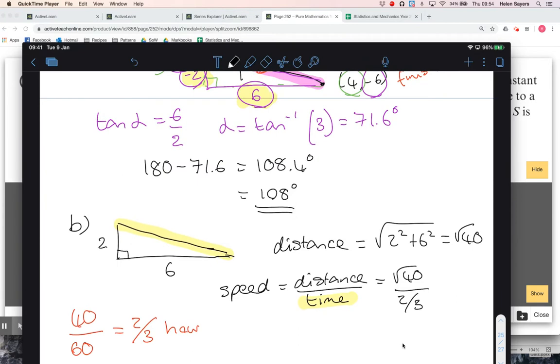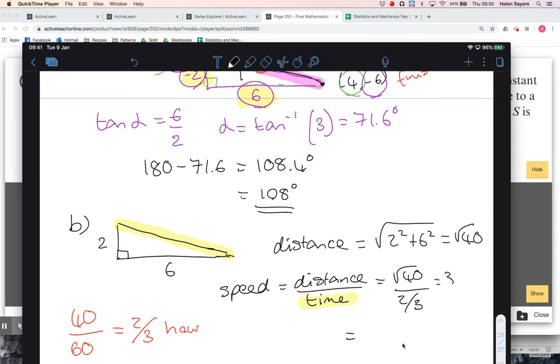Okay, so when I do my speed, I'm going to do root 40 divided by 2/3. I just find that easier than finding it in kilometres per minute and then converting. So be careful with typing that into my calculator. So root 40 and then divided by 2/3. For me, it's coming out as 3 root 10.